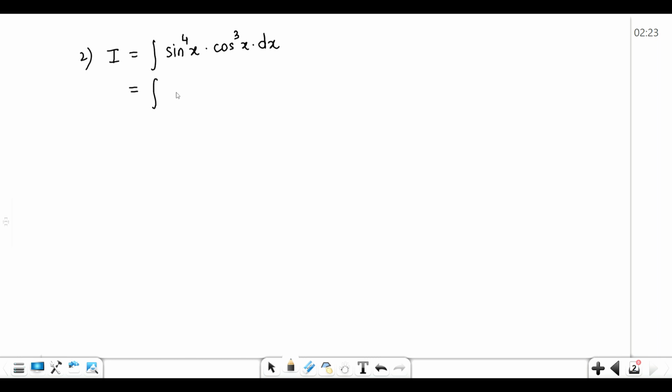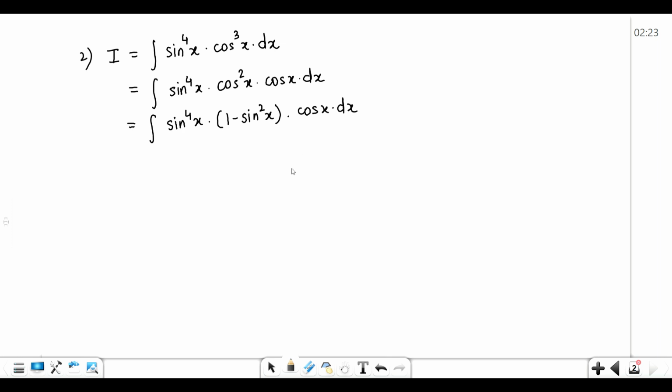We can split cos cube as cos square x into cos x. After that we'll keep the sine as it is. We'll change cos square into sine, that is 1 minus sine square theta, if you remember the trigonometric formula. And this is cos x dx.